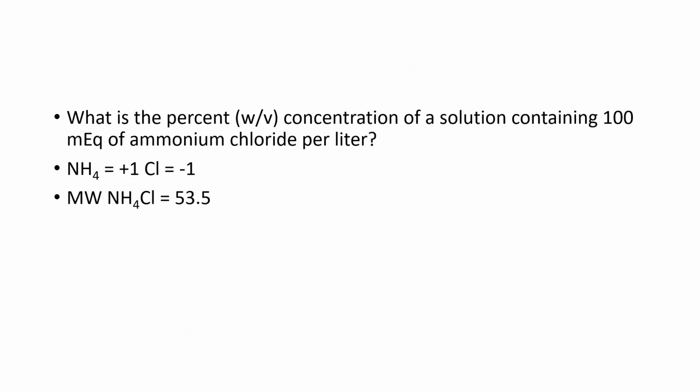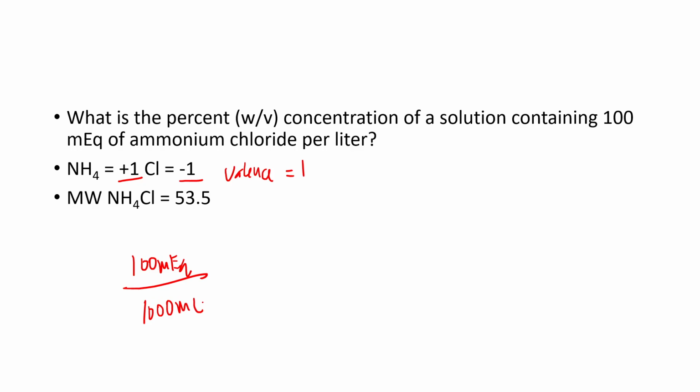Next, what is the percent weight in volume concentration of a solution containing 100 milliequivalents of ammonium chloride per liter? So ammonium chloride, the charge of ammonium is positive 1 and chloride is negative 1, so the valence is 1. The concentration is 100 milliequivalents per liter, so 1000 ml.